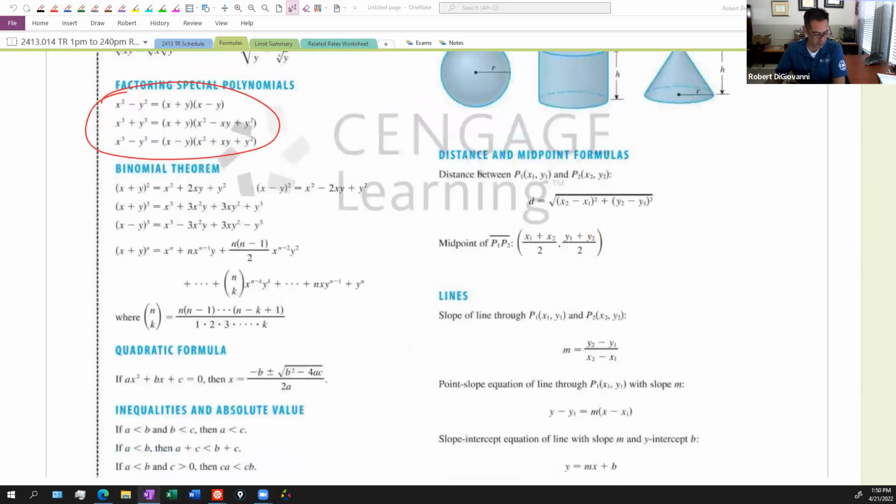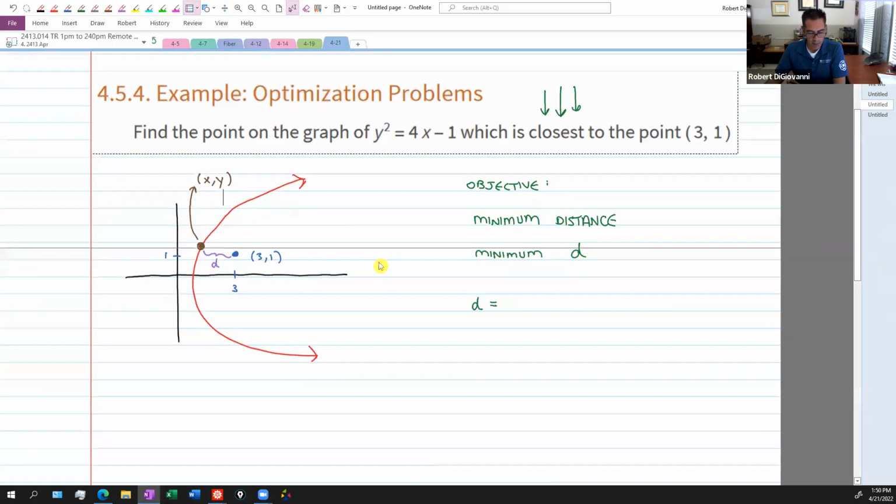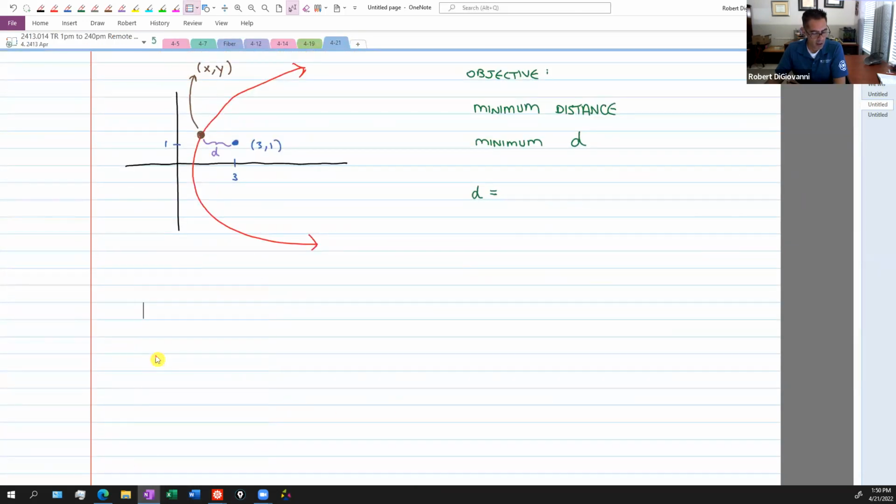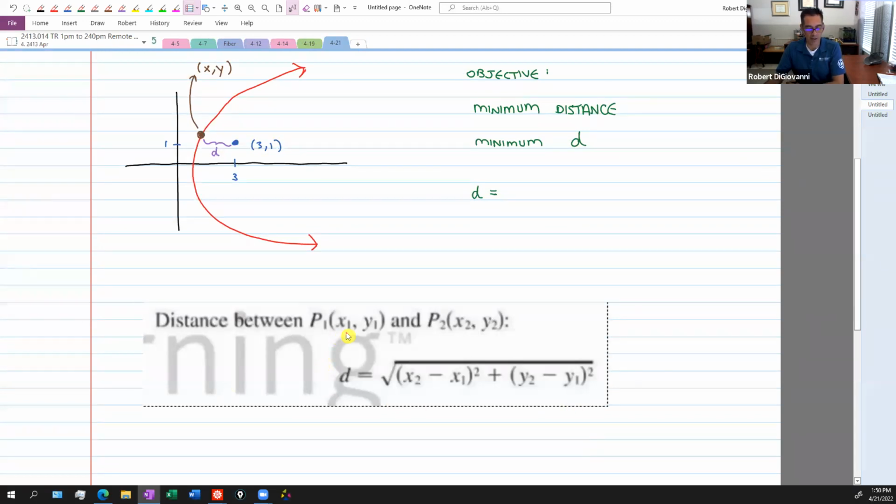I'm going to copy this. So I know from college algebra that if I'm given two points, (x1, y1) and (x2, y2), the distance between them is x2 minus x1, that quantity squared, plus y2 minus y1, that quantity squared, take the square root. Now, for this problem, let's call the first point (3, 1), because that is the point that I know.